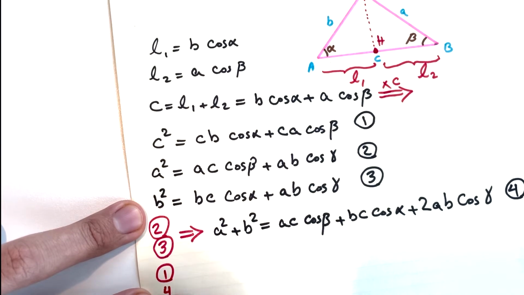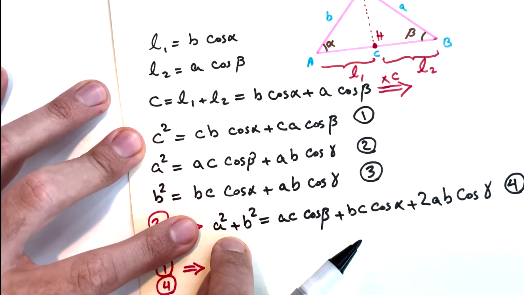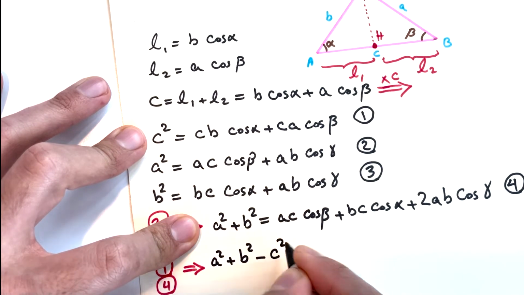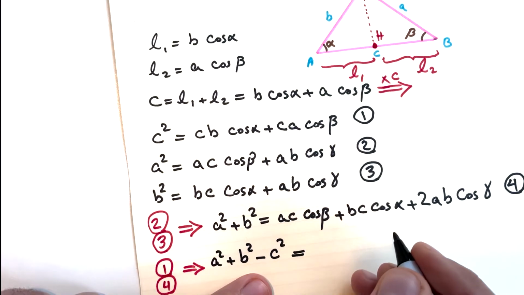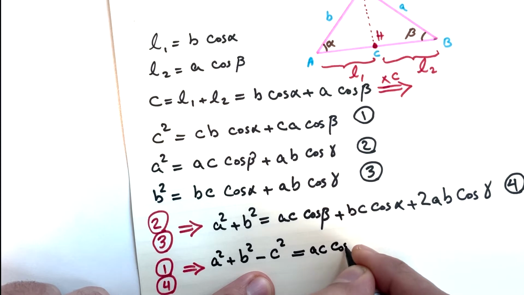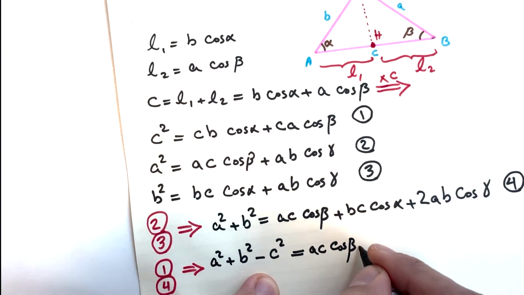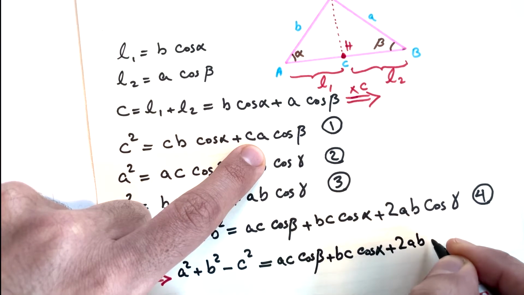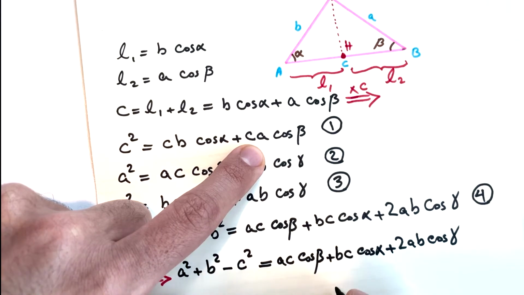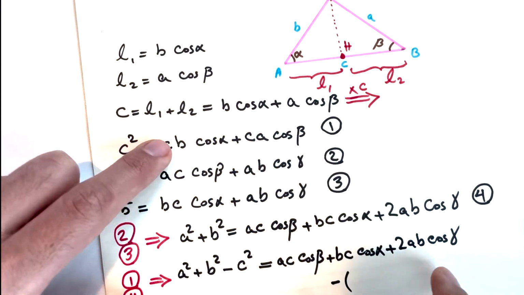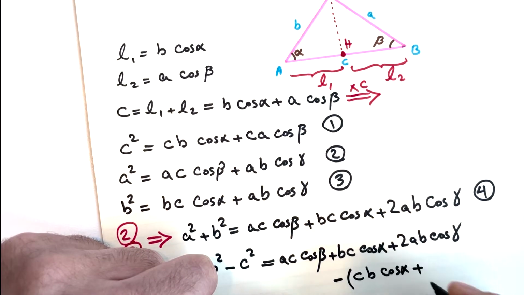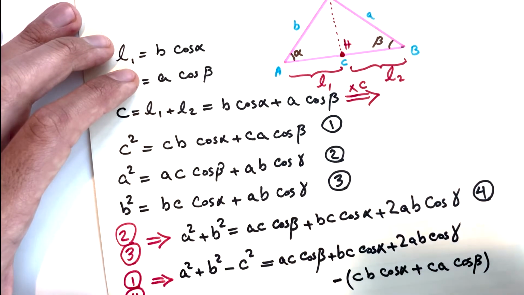From these two equations, a square plus b square minus c square is equal to ac cosine beta plus bc cosine alpha plus 2ab cosine gamma, minus cb cosine alpha plus ca cosine beta. Let me call this equation number 5.